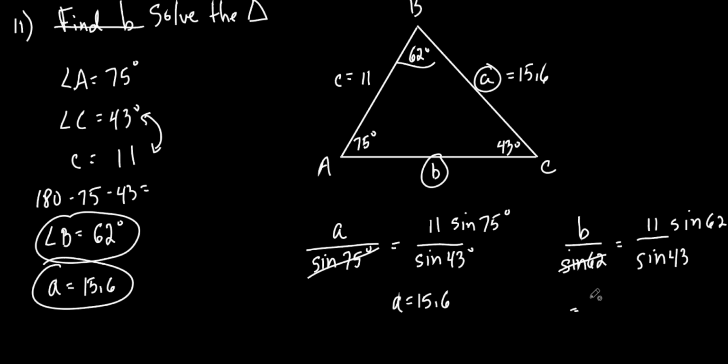So sine of 62 times 11 divided by sine of 43. And that's 14.2. Is that what you got? Okay, good. 14.2. So that's what B is equal to. Add it to our little list, and then we're done. It's as easy as that.